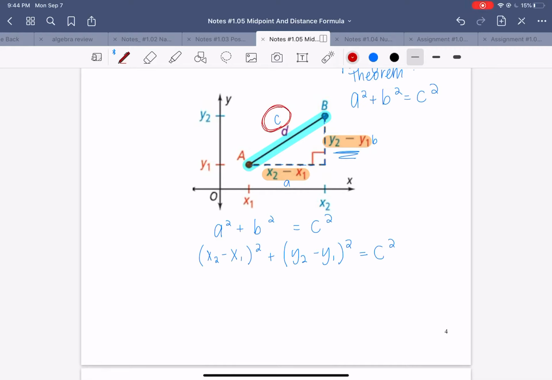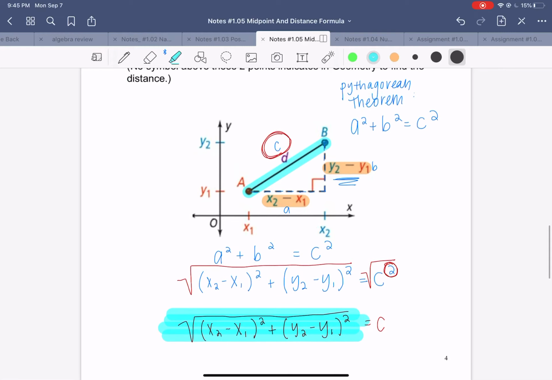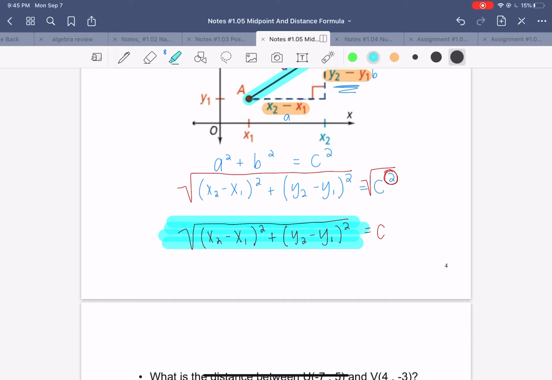So in order to get rid of the squared, we're going to take the square root, which now gives you the distance formula: the square root of x2 minus x1 squared plus y2 minus y1 squared. That was just me showing you how the distance formula works and why we're able to use the Pythagorean theorem as well. So you can use the Pythagorean theorem, make your own triangle, or you can use the distance formula.